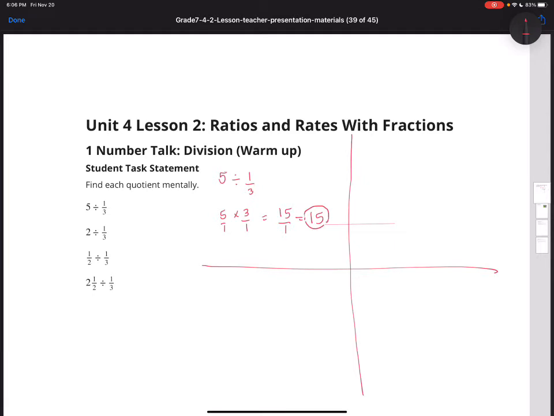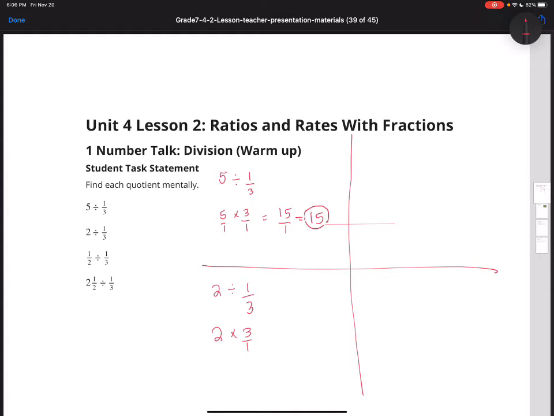For the second one, I have 2 divided by 1/3. So 2 divided by 1/3 is the same as saying 2 times 3 over 1. What we just did was apply the multiplicative inverse. Now, I missed this step in my first expression.